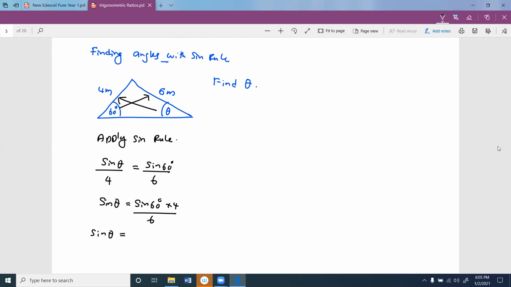Sine theta is equal to sine 60 into 4 divided by 6. So that answer becomes 1 over root 3. Then theta turns out to be sine inverse of 1 over root 3.